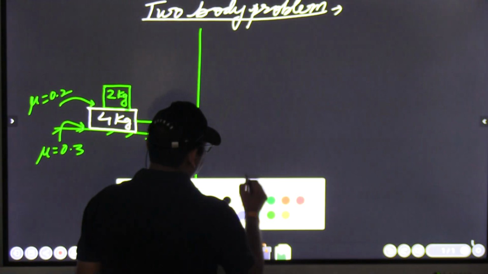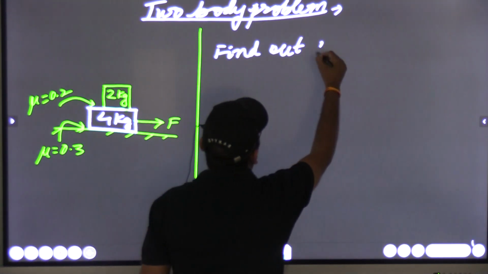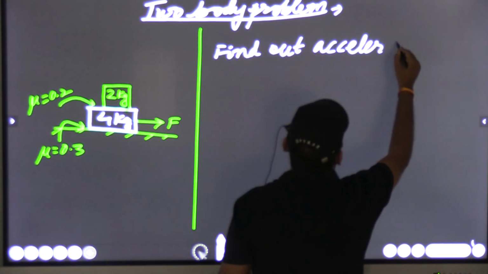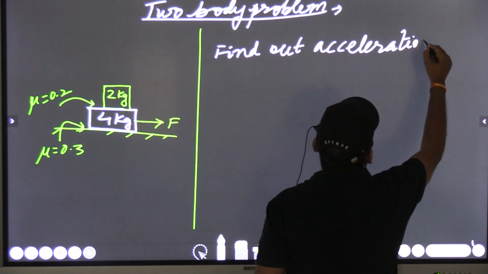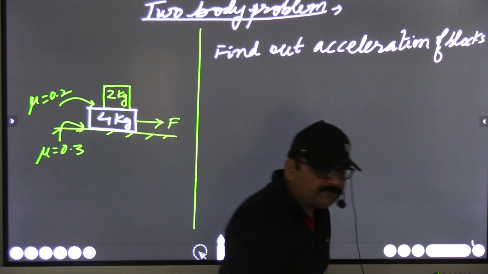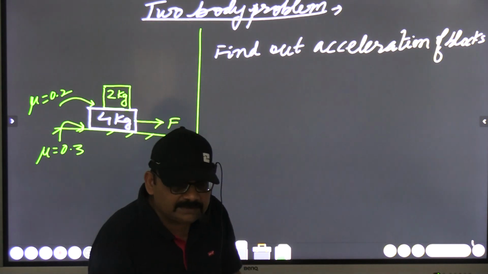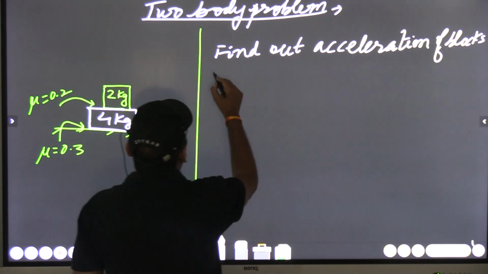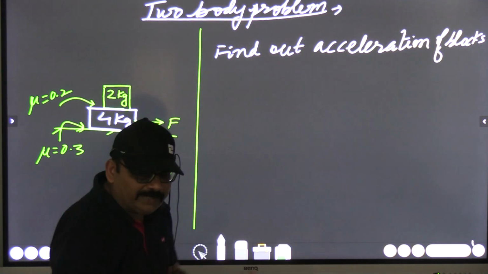The question is: find out the acceleration of blocks. The question is a one-liner. It seems very simple to find the acceleration of the blocks, but it is not so. The question is a bit complicated, right?